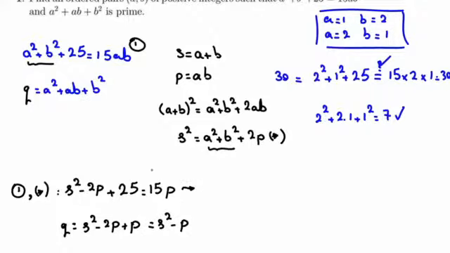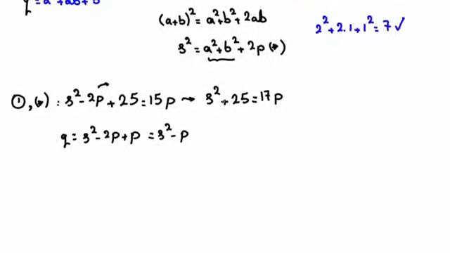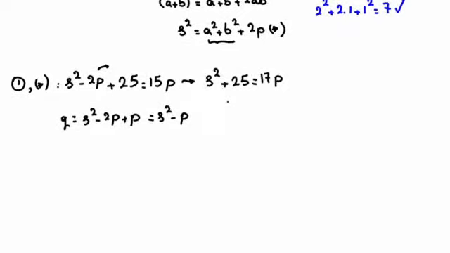Now from this part, we can write s squared plus 25 equals 2p plus 15p, that is 17p, taking the negative 2p to the right side. Now here you can write s squared in terms of p or p in terms of s squared. You should check both of them.